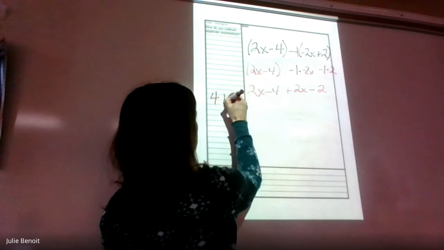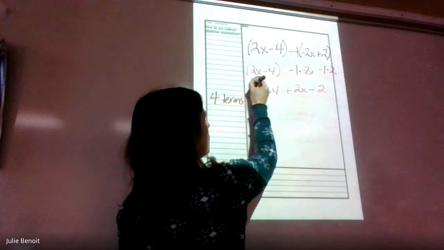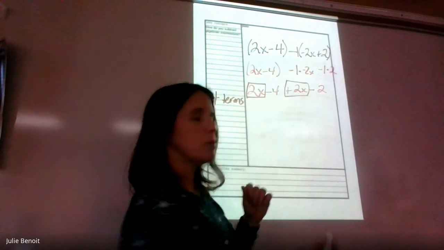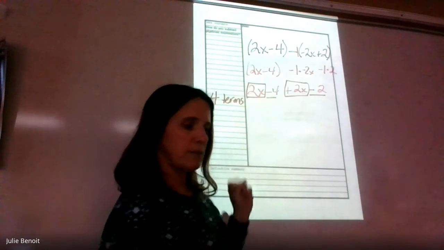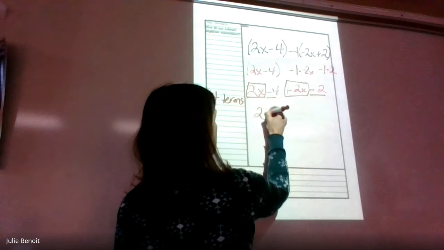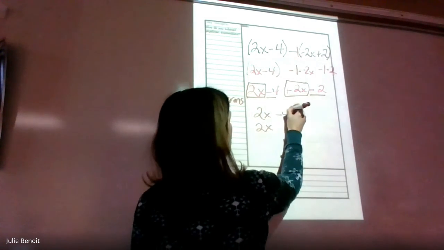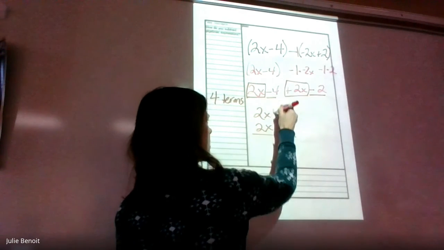4 terms. I have a +2x and a +2x, 2 variable terms, a -4 and a -2, 2 constants. Line up your like terms vertically with that variable term first. Now focus.